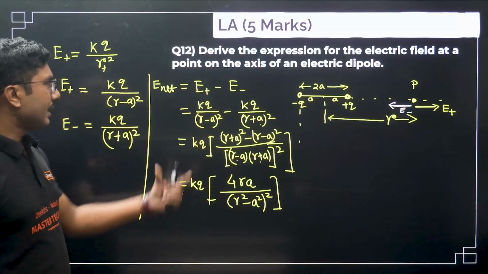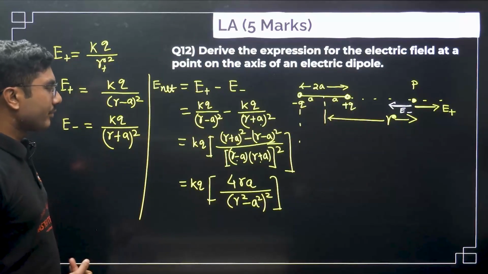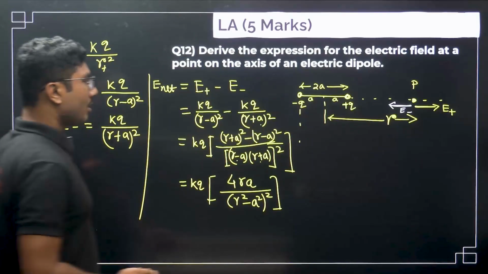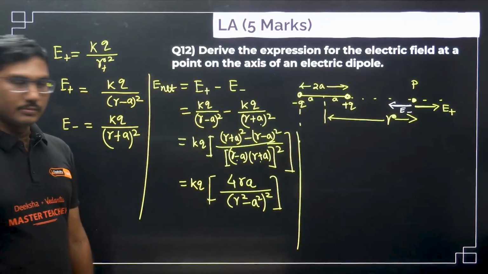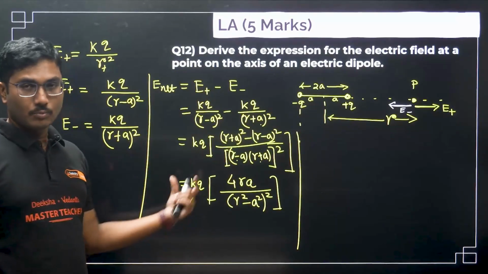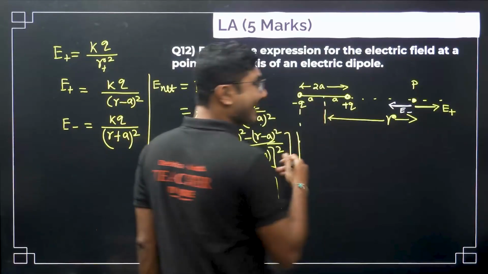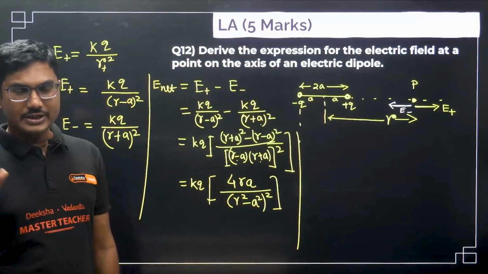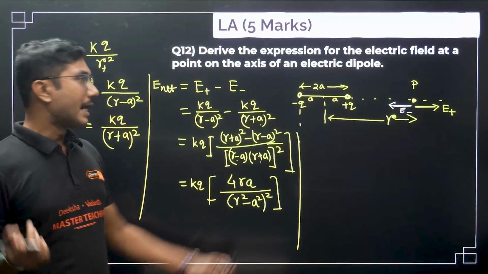Okay, so this is the net electric field, but this is not over yet. You have to add one more small correction to this equation. What is that? We know that a is very, very small for a dipole. The distance between the charges in a dipole is very small, that is 2a.